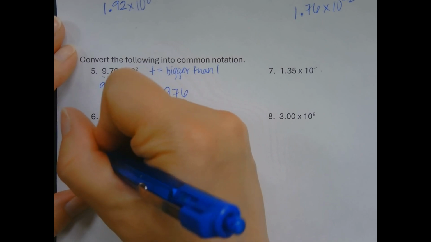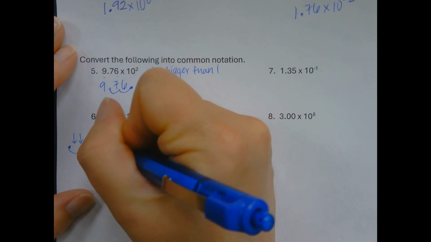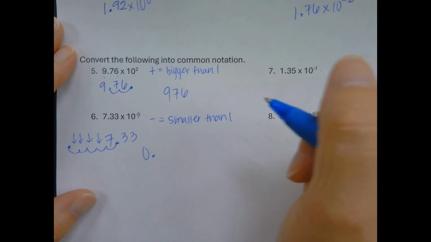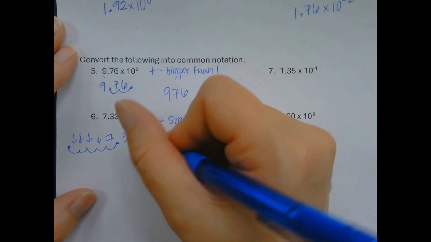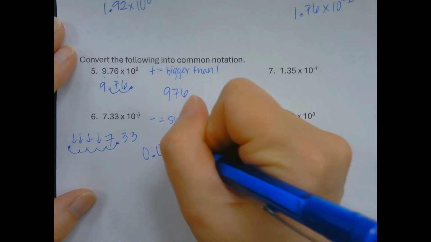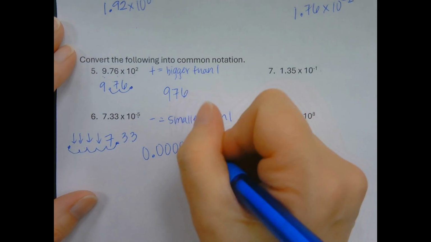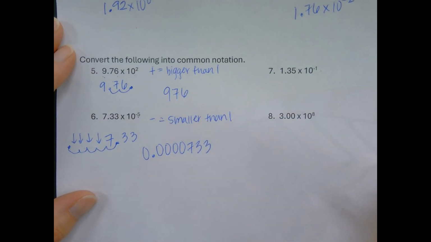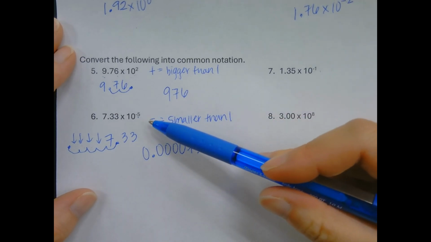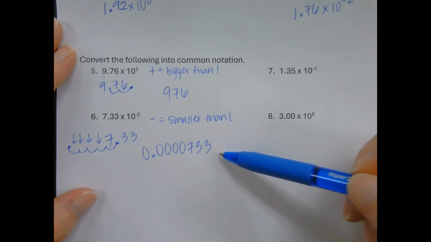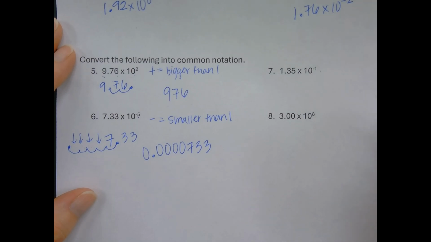Over here, all these empty spots I'm going to fill with zeros. So 0 point, I always do a 0 and then point for a decimal. 1, 2, 3, 4 zeros, seen here. 7, 3, 3. So 7.33 times 10 to the negative fifth is 0.0000733. Okay, let's look at the next one.